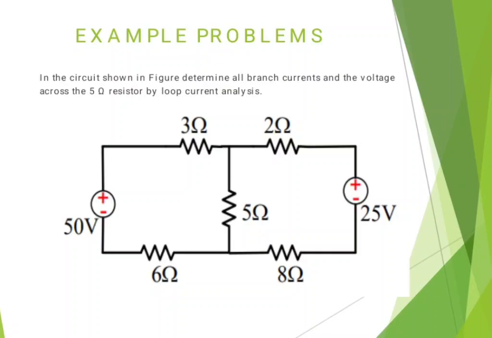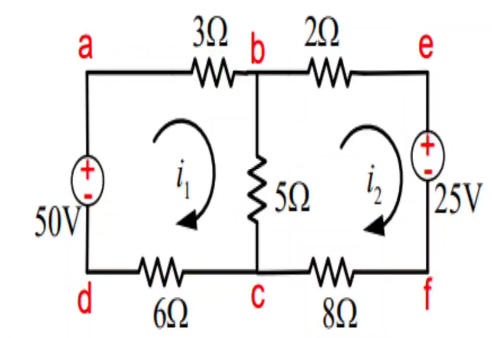Apply the current direction for the meshes: for the first mesh I1, and for the second mesh I2. They didn't give any current direction, so mark I1 in the clockwise direction.